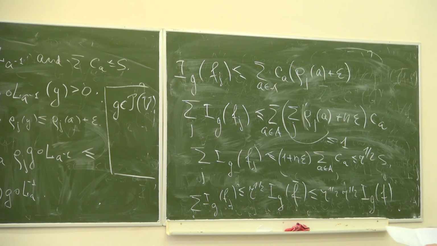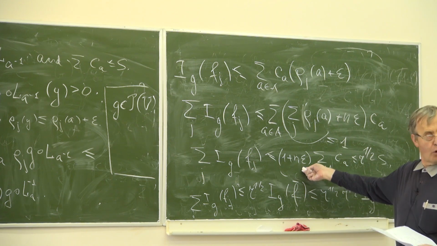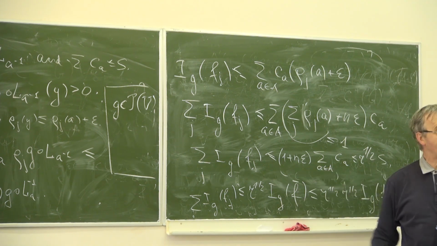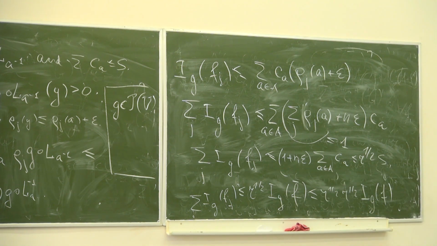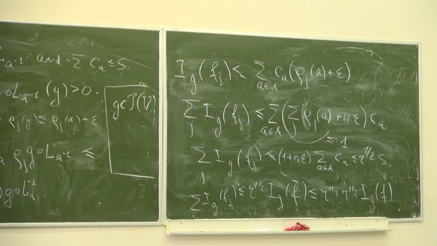We simply demand that this be smaller than r to the power 1/2. So epsilon is taken so small that 1 plus n epsilon is controlled. And then we take V, and then we take G with support in V and so on.